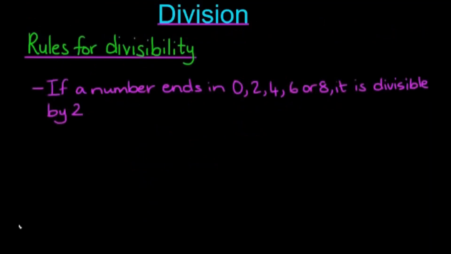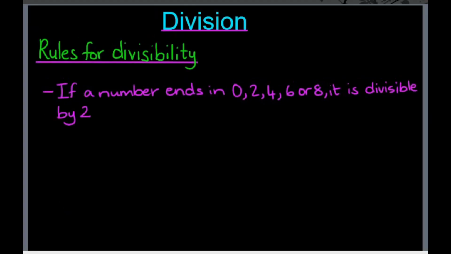Our first rule of divisibility states that if a number ends in 0, 2, 4, 6, or 8, it is divisible by 2. So if I use the number 28, it ends in 8, and if I divide that by 2, I get a whole answer of 14.